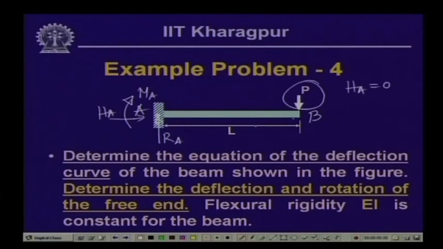If we take the vertical equilibrium, we get R A equals P, and if we take the moment, we get M A equals minus P into L. So, these are the values of the reactive forces.